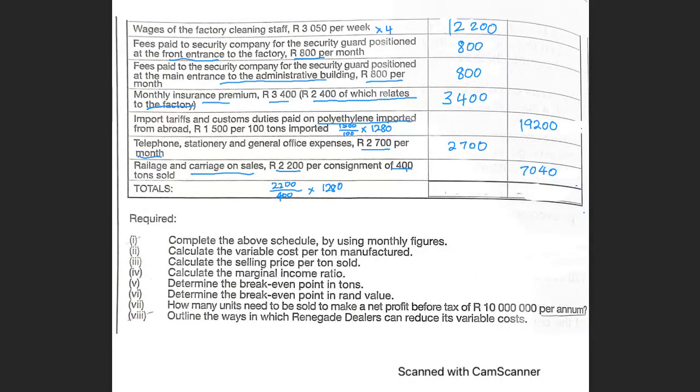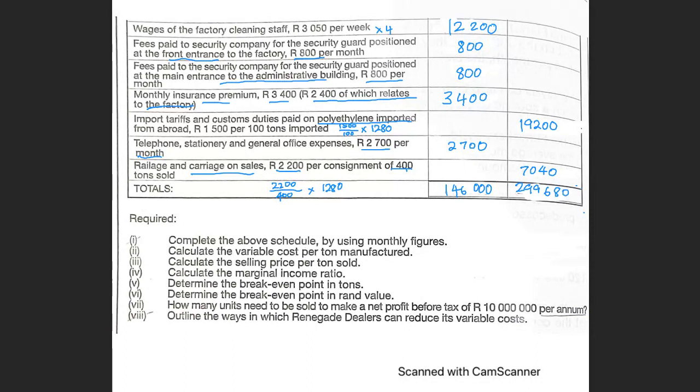Okay, so those are all of the items that make up our costs. Your totals then can be calculated. So you have 146,000 as your total fixed cost, and your total variable cost is 299,680.